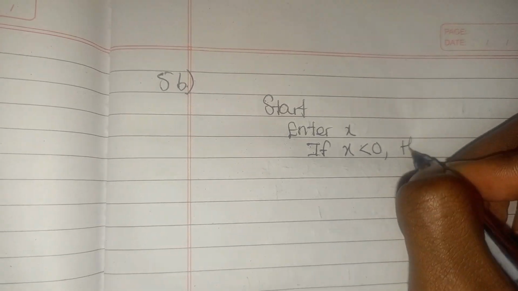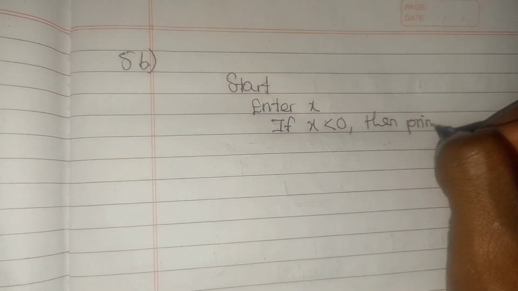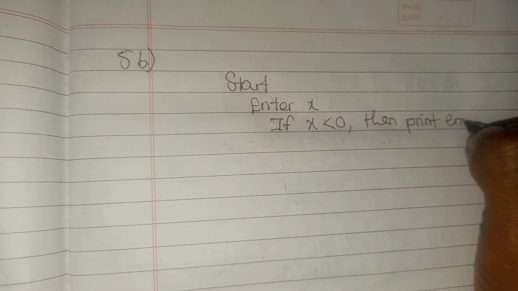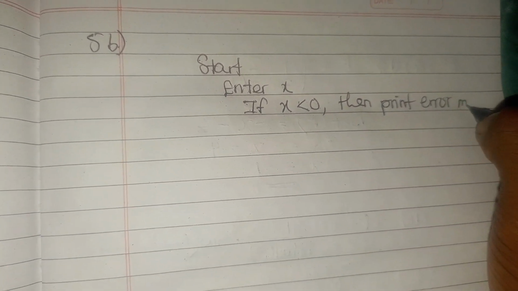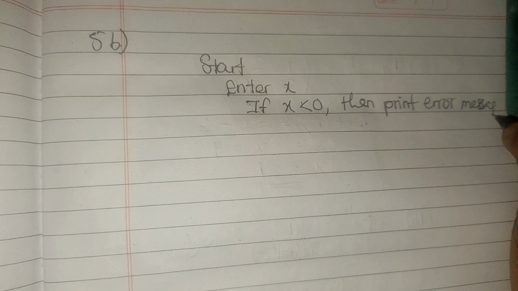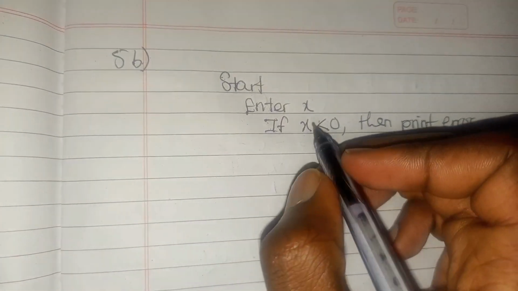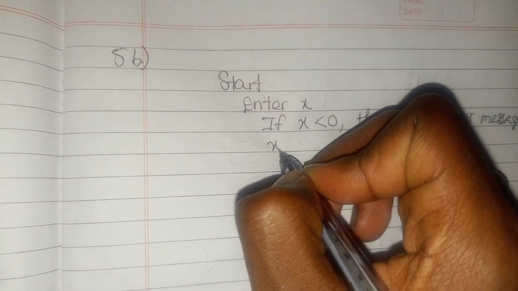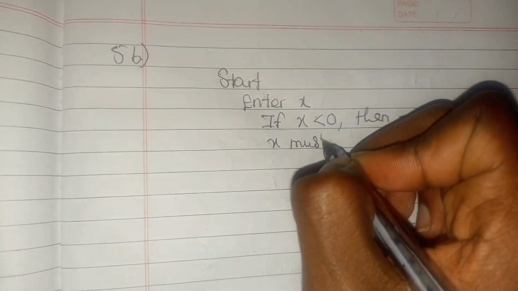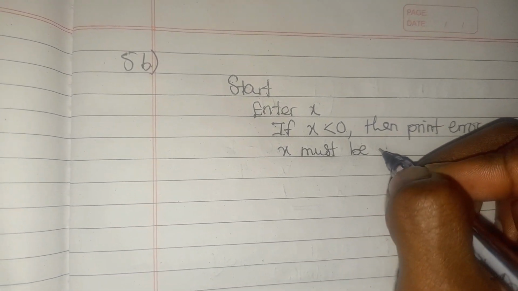then print error message: x must be positive.